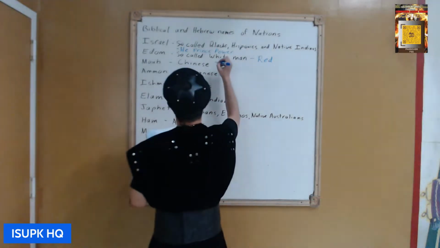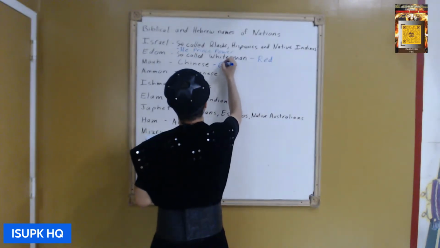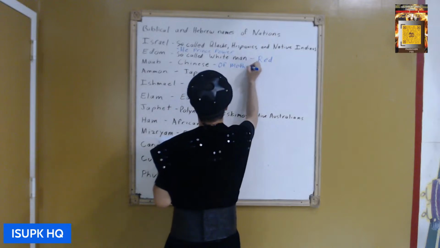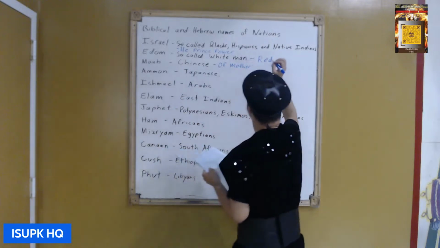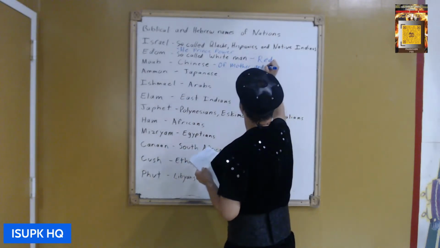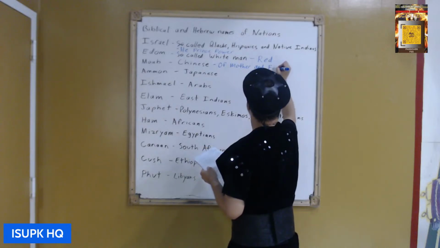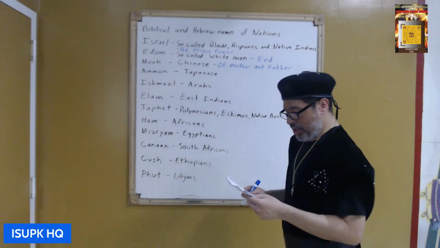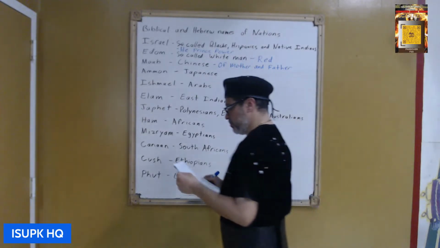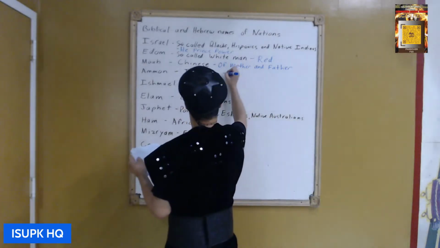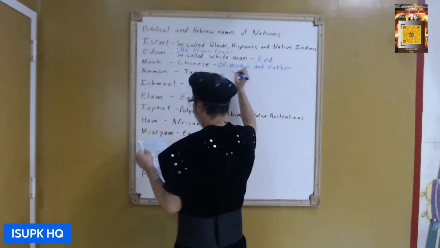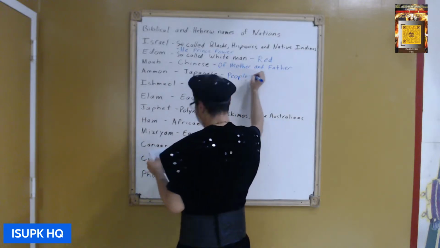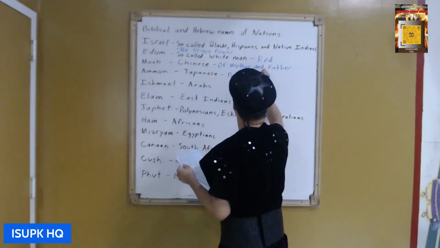That stands for a mother and father. Ammon. Those are the Japanese. That means people of itself.